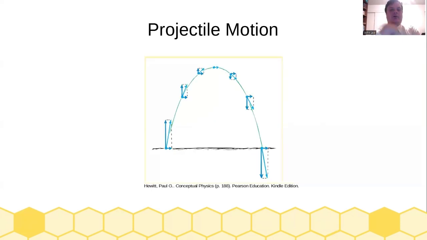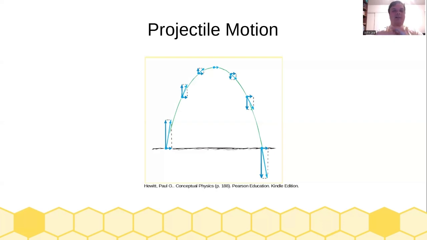Further illustrating the point, if we break down the velocity vectors into x and y components, meaning a horizontal component showing what the velocity is in the horizontal direction, and a vertical component showing what the velocity is in the vertical direction, then as we go about our path, the vertical velocity is going to get slower and slower as it reaches the top of the path until it reaches zero vertical velocity.